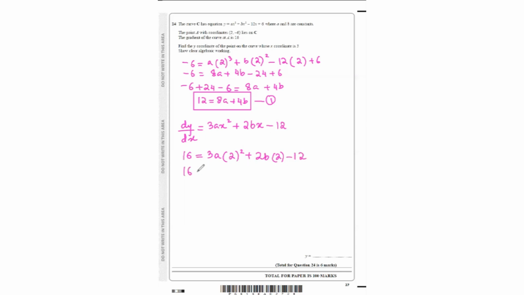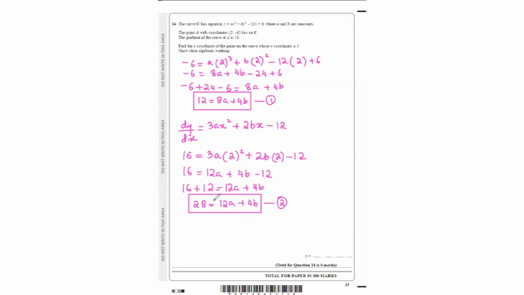So that's 16 equals 12a plus 4b minus 12. 16 plus 12 equals 12a plus 4b. So that's going to be 28 equals 12a plus 4b. This is our second equation.